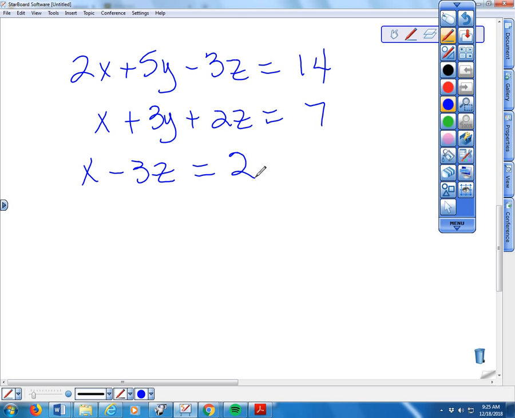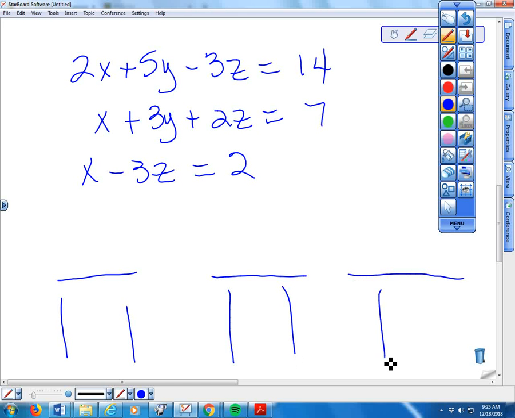So the denominator for each x, y, and z is going to be a 3 by 3 matrix. Right, and it's going to be the coefficient matrix. And then here there's no y, so it's just going to be 1, 0, negative 3.